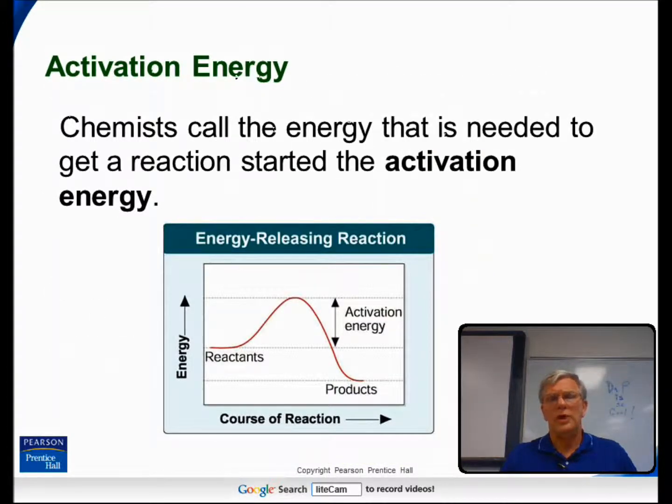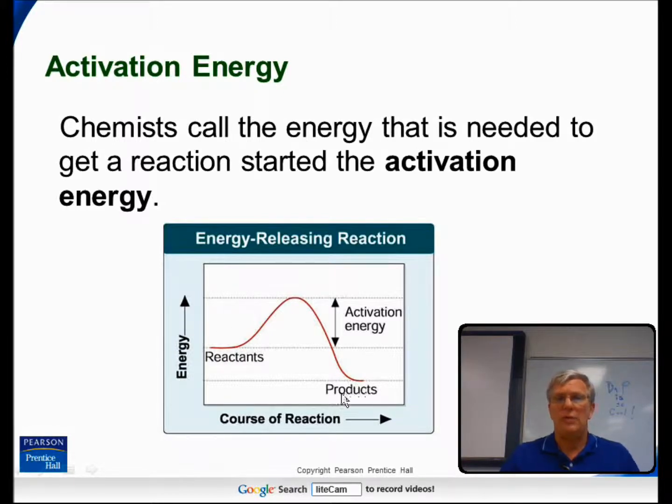Now, chemical reactions that require energy to get them started, that energy necessary to start the chemical reaction is referred to as activation energy. So in this graph, the left side of this graph represents the reactants and the amount of energy in the reactants.